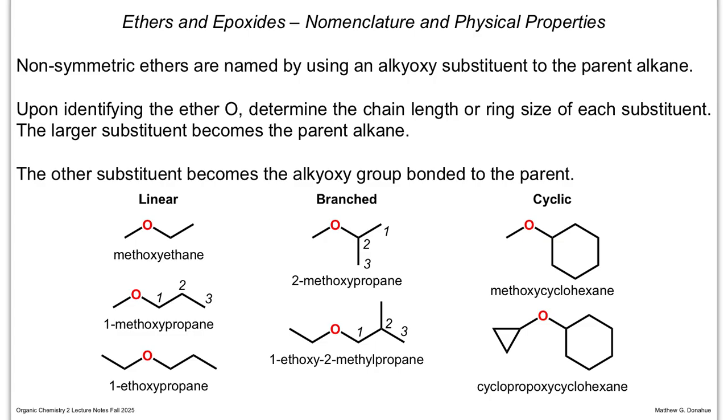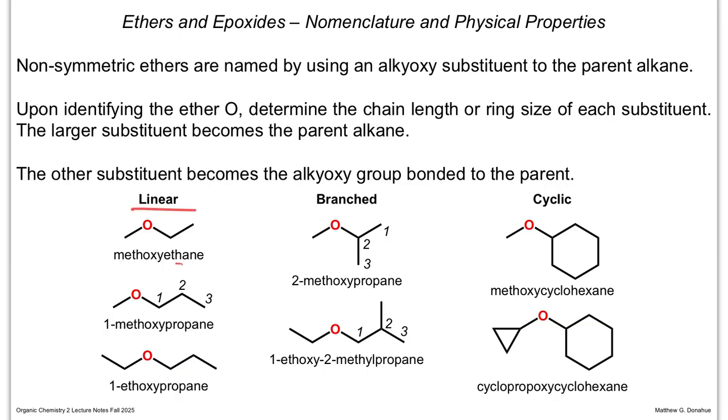So when the ether is symmetric, you just identify what the chains are, and you call it dialkyl ether. If it's non-symmetric, then we're identifying the carbon atom with the chain with the smallest number of carbons, putting oxy at the end, and then using the longer chain as the parent.